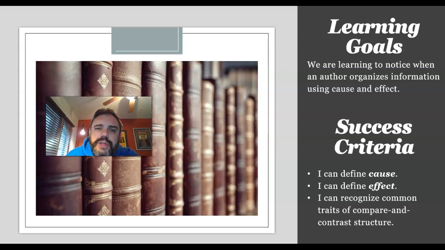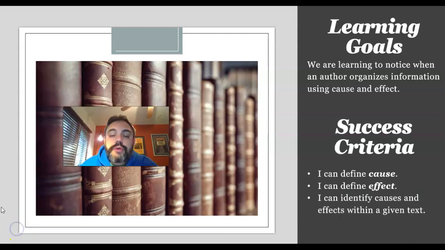Some success criteria to help you know that you're really getting this idea are three I can statements. So our learning goal today, boys and girls, is that we are learning to notice when an author organizes information using cause and effect. Along the way, we have some success criteria that'll help you know that you really are getting this idea.